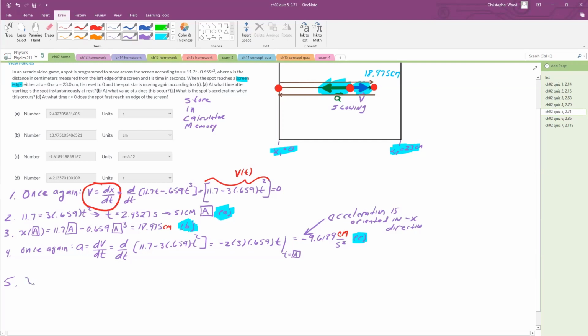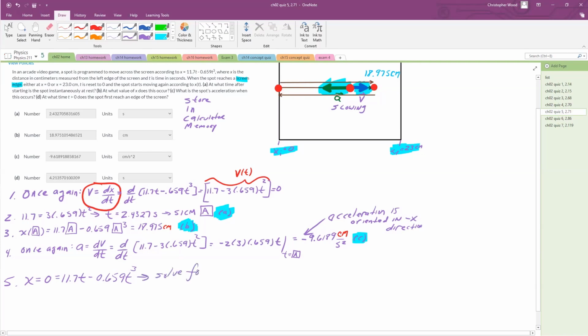So x equals 0, and x is also equal to 11.7 t minus 0.659 t cubed. So this is what we need to do. We need to find out the time. I guess that's all we have to do. Solve for t.